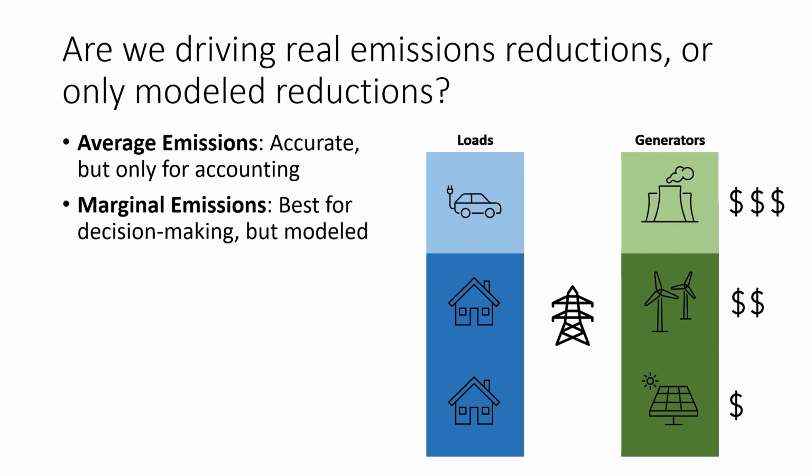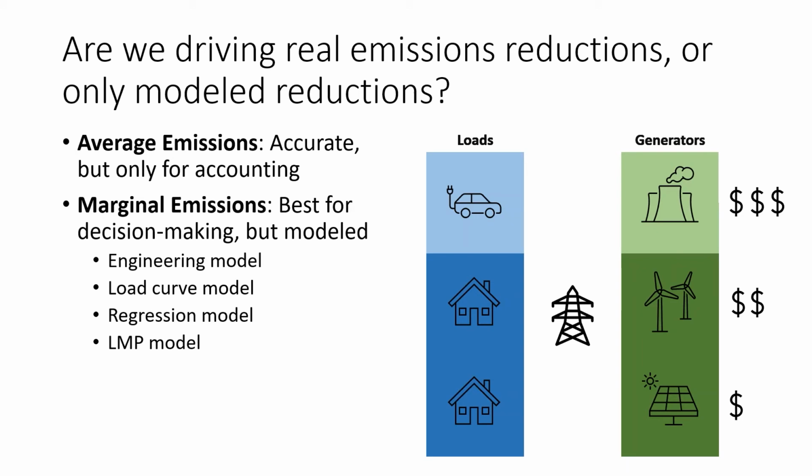And over the past 2 decades, there's been 4 main modeling approaches that have evolved to estimate these marginal emissions. The first is an engineering model, which uses a power flow simulation to simulate the electric grid and what plant would actually be responding to increases in load. A second is a load curve model.